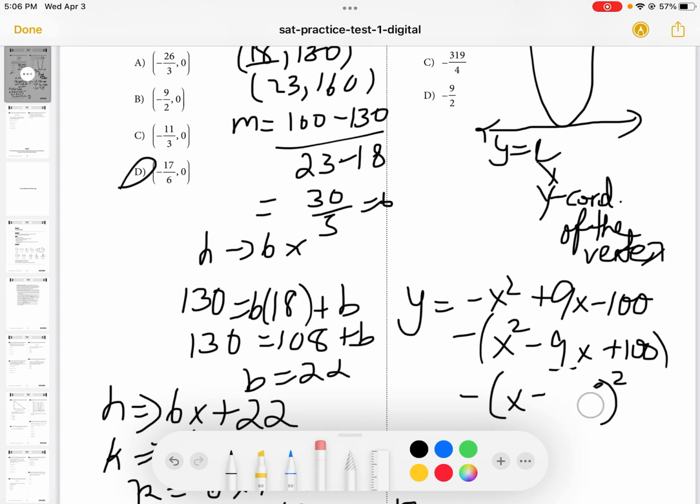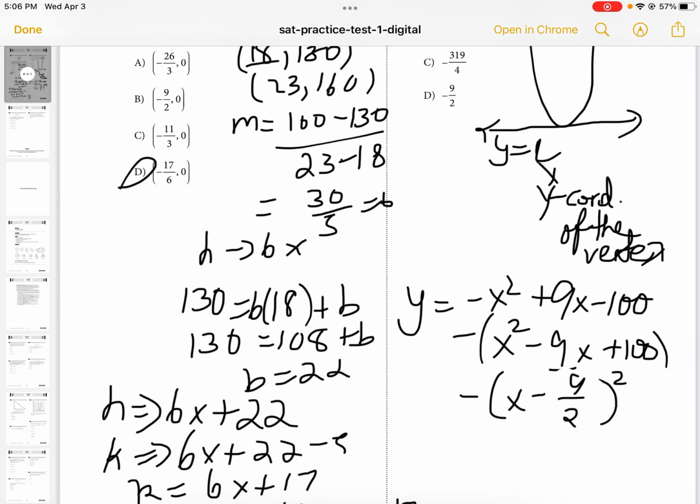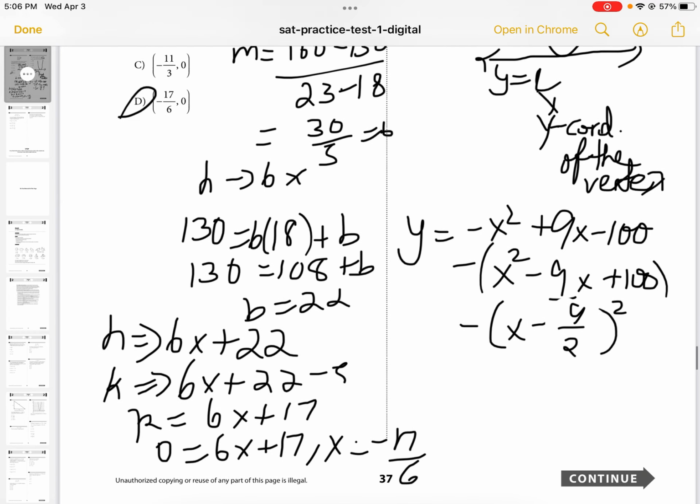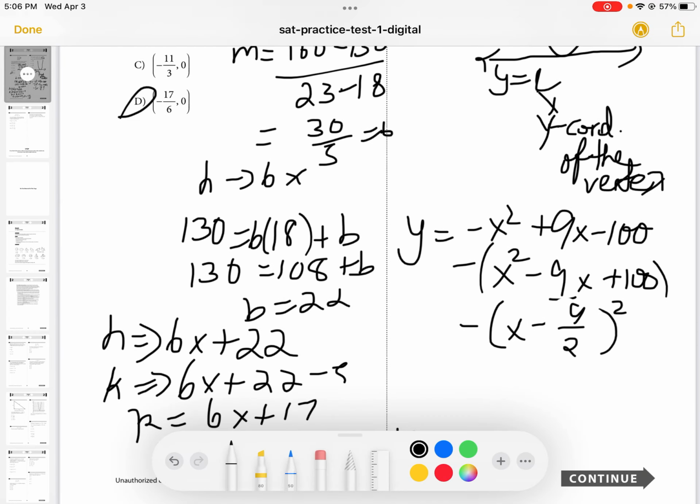Or a better thing to do would be to put this in fraction form, because all the answers are in fraction form, so it's better to do that, right? And then plus a constant b. That's what we want to find.